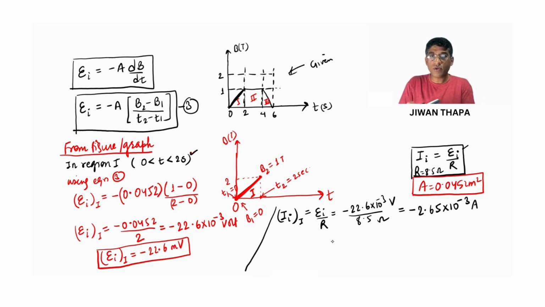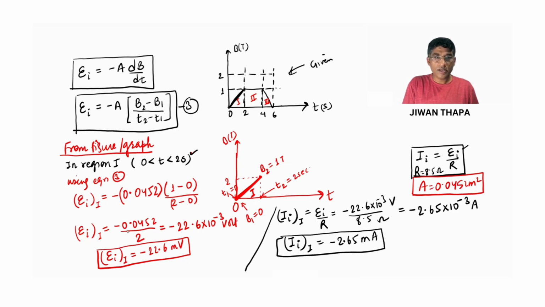We can write the induced current in region 1 equals minus 2.65 milliampere. So we need to note this.